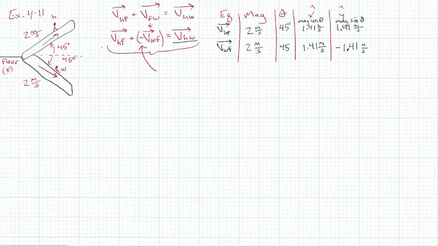We don't really like to subtract vectors, but we certainly can using the unit vector method. And I'm going to take this and change it to just a straight minus sign. So the velocity of the husband to the floor minus the velocity of the wife to the floor is equal to the velocity of the husband to the wife.